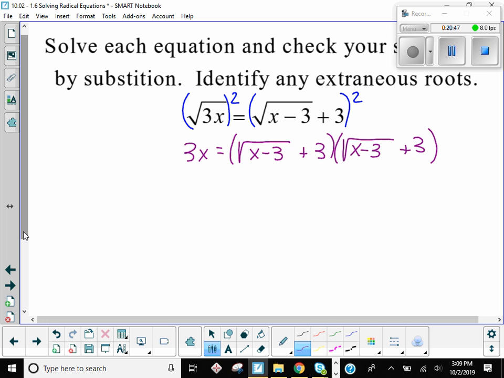But let's begin with the first thing. First things first. FOIL is the first terms. So I'm going to take this term times that term. Well, that is radical x minus 3 times radical x minus 3. Here's another way of thinking about that. Isn't that the same as radical x minus 3 squared?